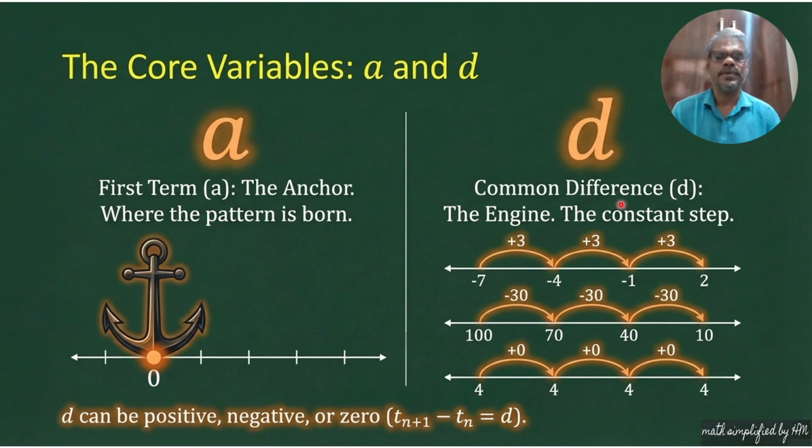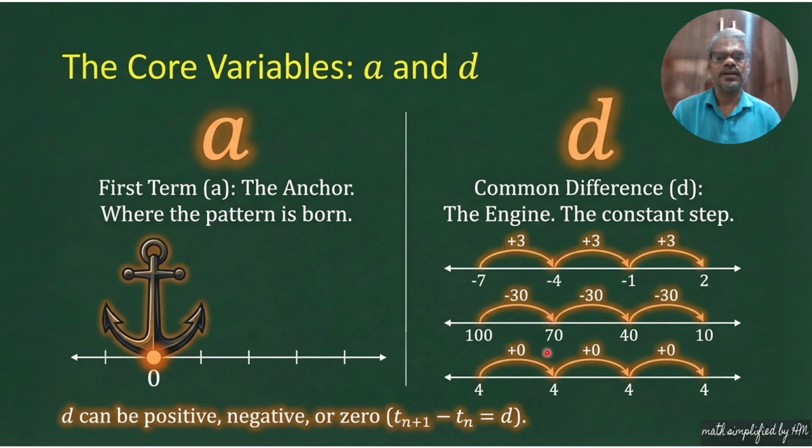The constant step. Here minus 7 is the first term and plus 3 is a constant step or difference. So minus 7 plus 3 is minus 4, minus 4 plus 3 is minus 1, minus 1 plus 3 is 2, and so on. In the second example, the first term is 100 and the difference is minus 30.